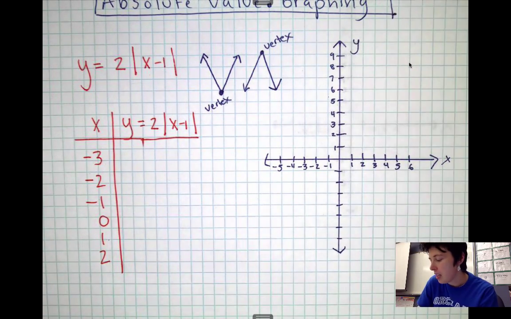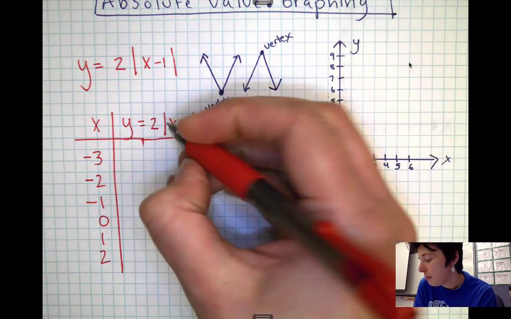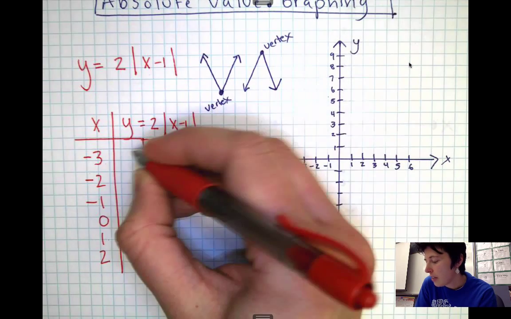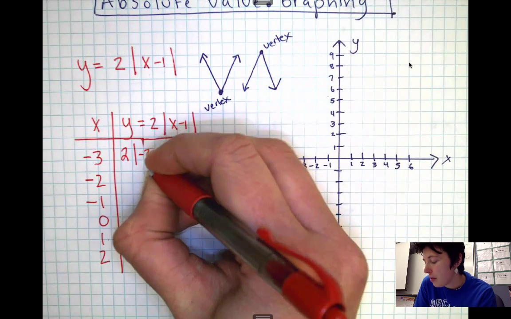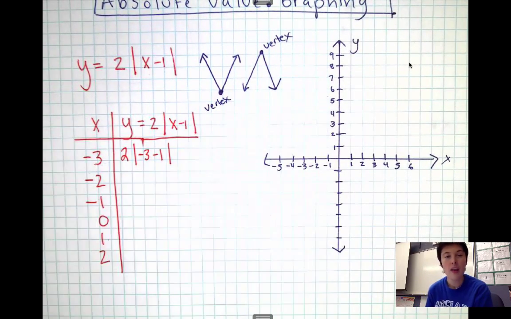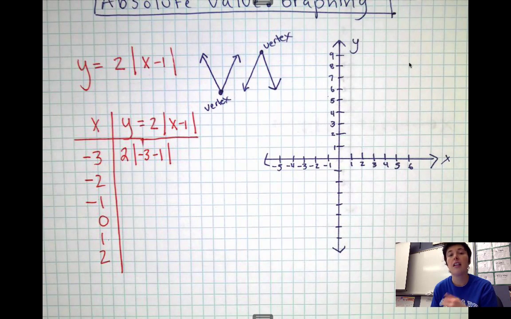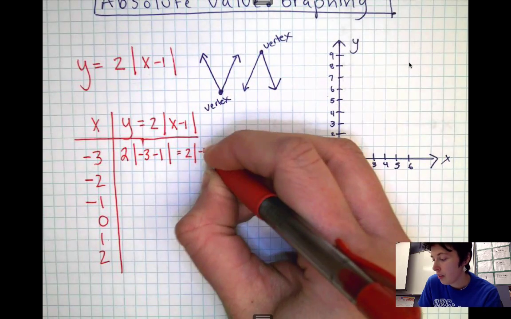So what I'm going to do is take each number here, starting with -3, and basically substitute it in, plug it in. So 2 absolute value x minus 1 means I'm going to do 2 absolute value -3 minus 1. Now let's do the math on that. -3 minus 1 is -4. So this is 2 absolute value -4.